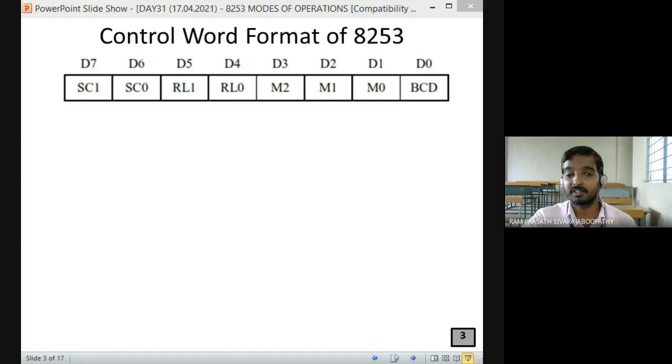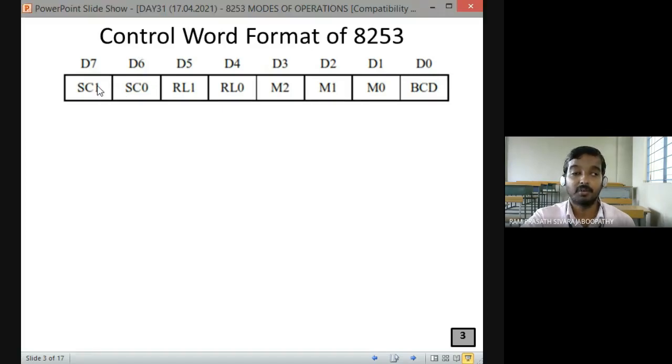So what about the address of the control word register in this case? Yes, 83H. Okay. So what does it mean? Once I form this control word and write it to this address, that particular thing for which I am writing the control word is going to happen.